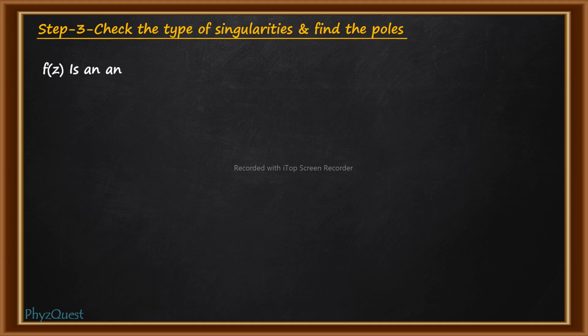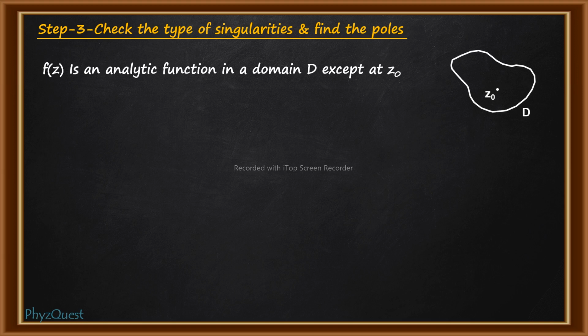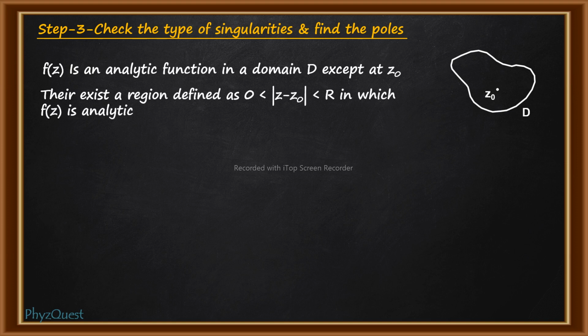Suppose f(z) is an analytic function in a domain D except at a single point z0. Then there exists a region, that is its nearby neighborhood, which is defined as |z minus z0| less than r but greater than 0, in which the function is analytic.